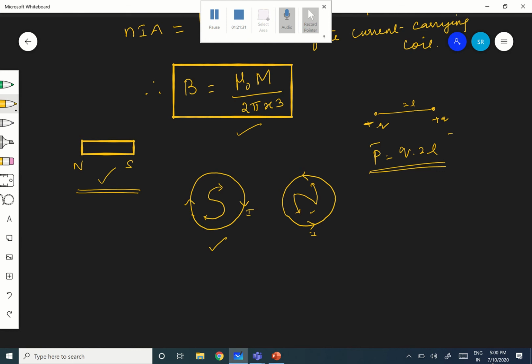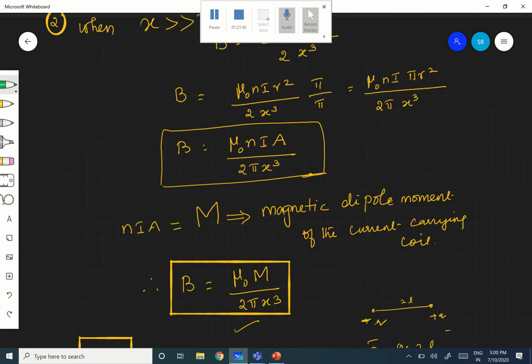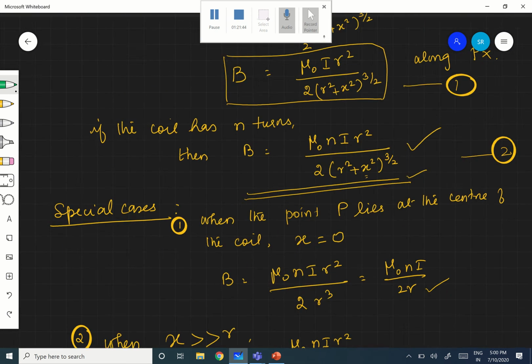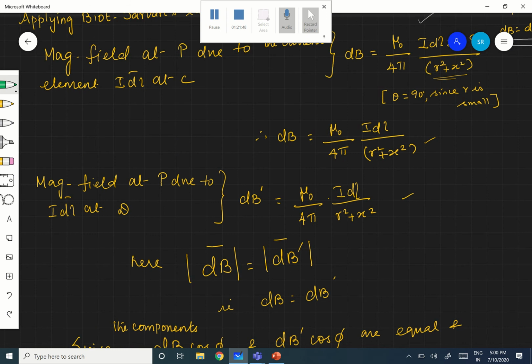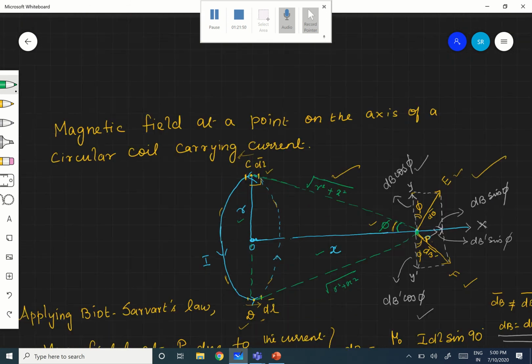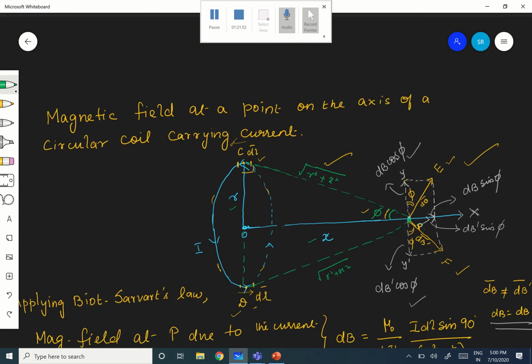If I am going to plot a graph now, very, very important, children. Graph for what? For a current carrying coil. See, this is a current carrying coil. The point P which we have considered here is to the right of the coil.